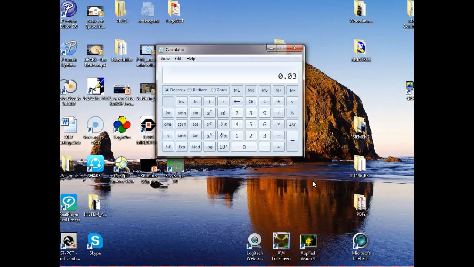Could do the reciprocal. Okay, so I could take the reciprocal of this. So that means I have 33.33 revolutions per second. We're still in seconds, right? You understand? I multiply this by 60. Good. So that motor is running at 2,000 revolutions per minute.